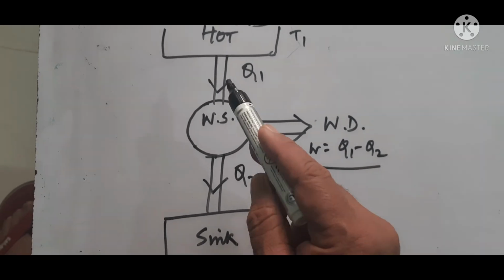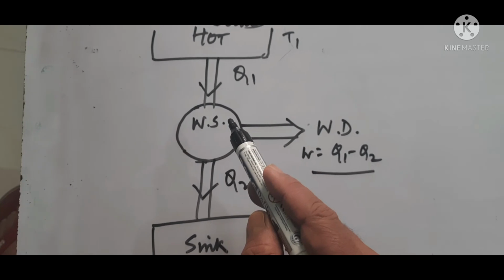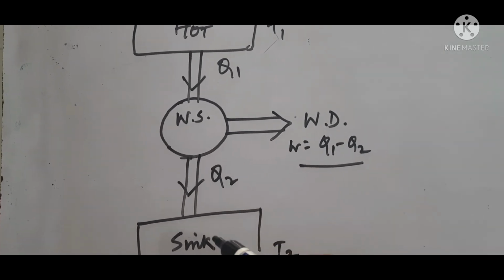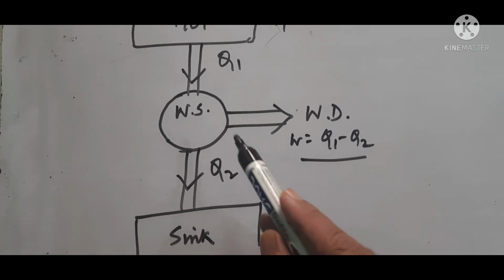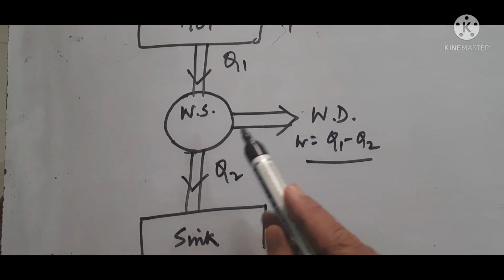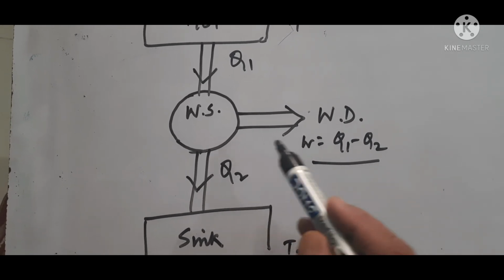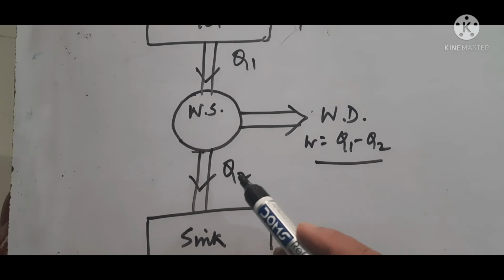So if Q1 amount of heat is taken by the working substance, and Q2 is sent to the sink, the amount of heat converted into work is Q1 minus Q2.